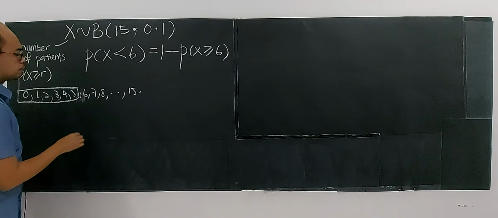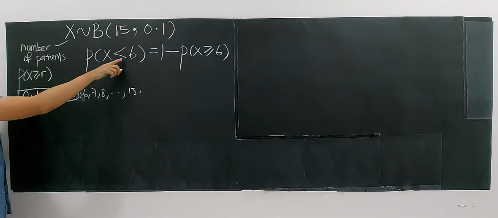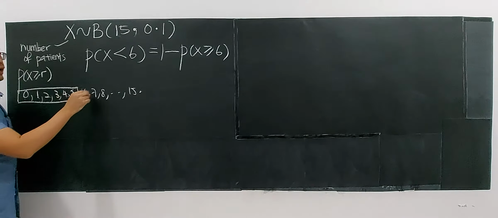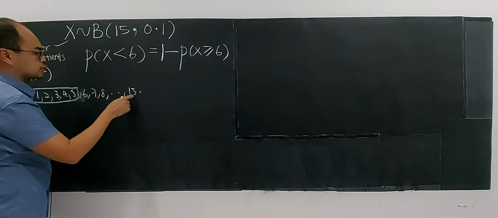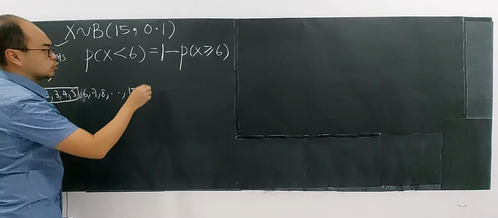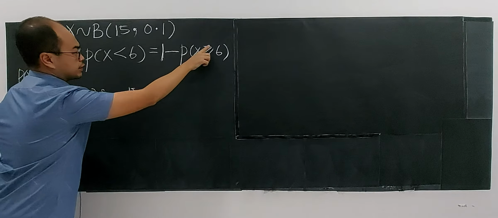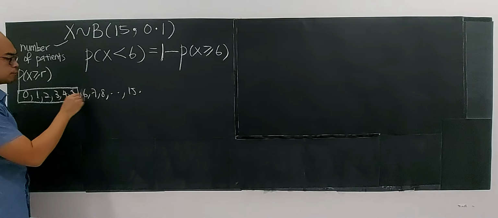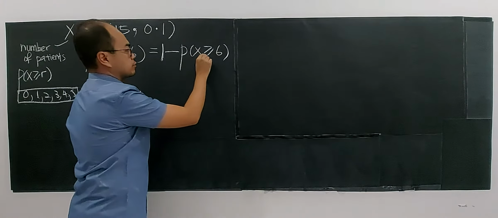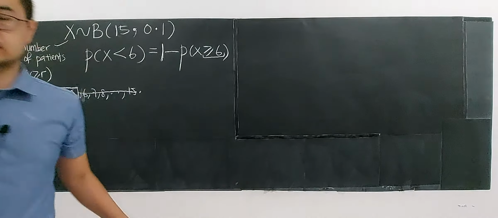So we just want 0, 1, 2, 3, 4, 5, which means I take 1. Why 1? Because the total probability for all the discrete random variable values is 1. So I minus away greater than or equal to 6, because we don't want 6 and above, right? The statistical table we can read if it is greater than or equal to 6.